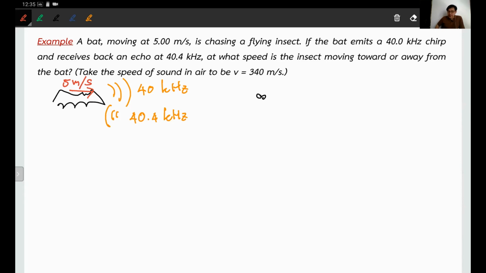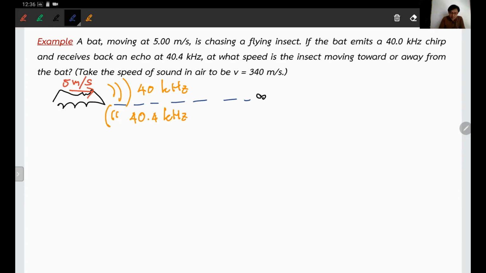This is kind of weird a bit in the sense that the bat acts like a source and also an observer, right? And we probably are not going to be able to get things done in one step because we cannot have a single object to be both source and observer at the same time. So that's a clue telling us that we should split this calculation into two halves.